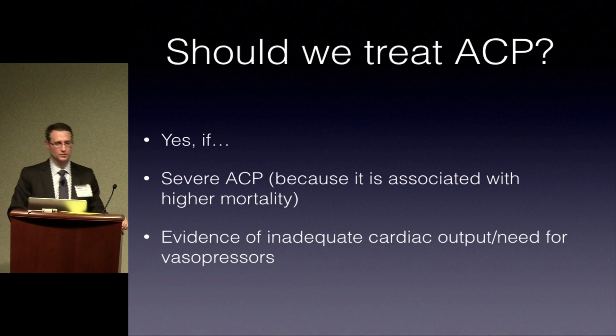So the question for me is, should we treat acute cor pulmonale? And the answer is, well, yeah, if it's causing problems. It's probably only causing problems in people who have severe acute cor pulmonale, based on the higher mortality seen in that patient population.